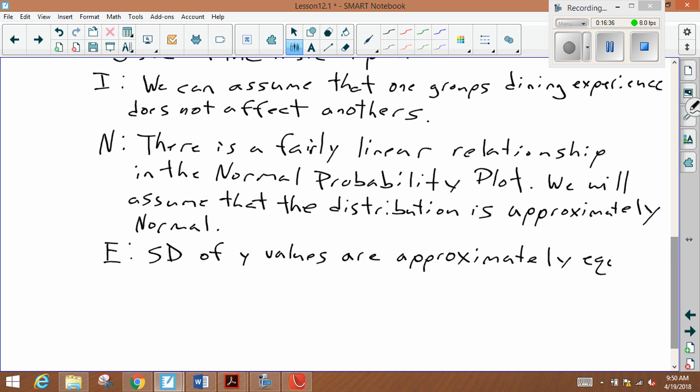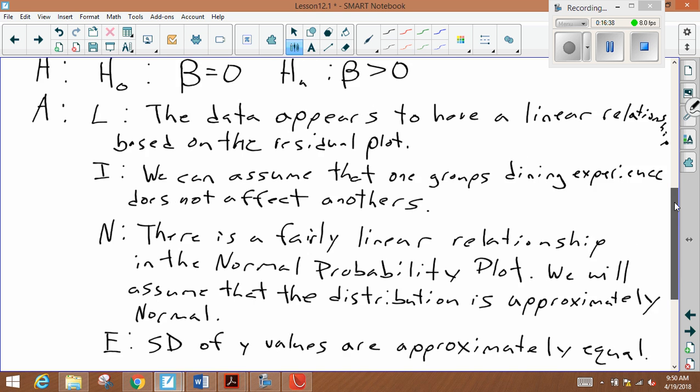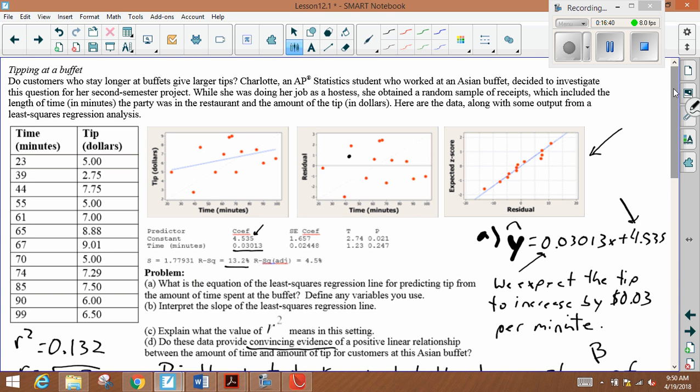Equal, and remember the way that we're going to tell that is we're looking at our actual scatter plot, and remember we're looking for any sort of fan pattern, right?